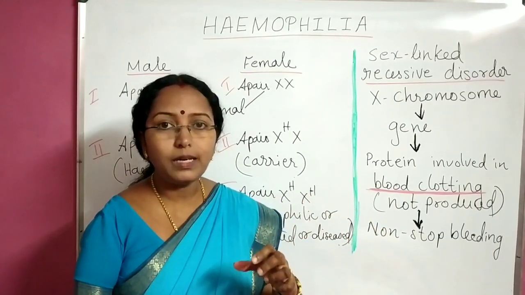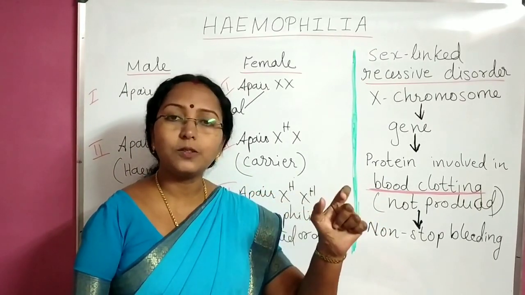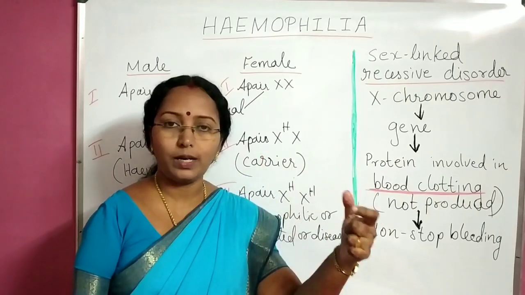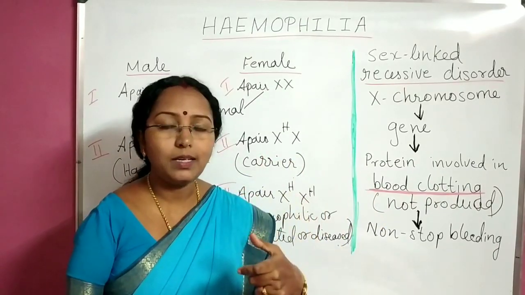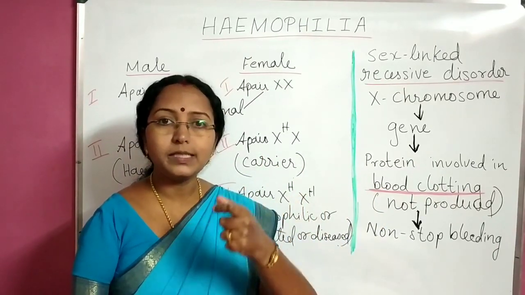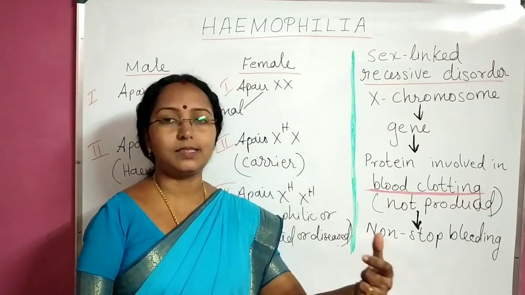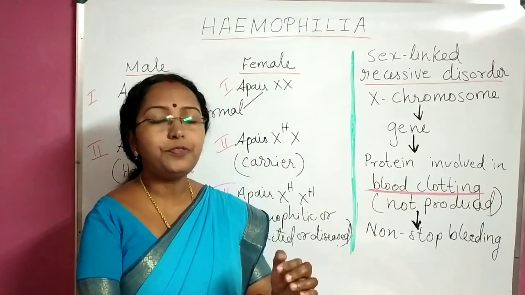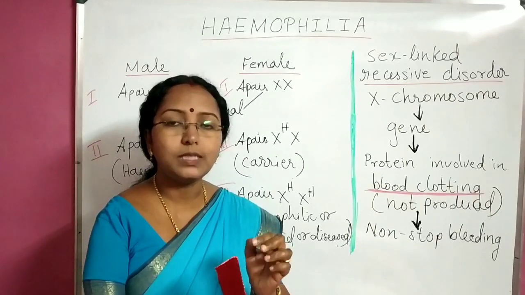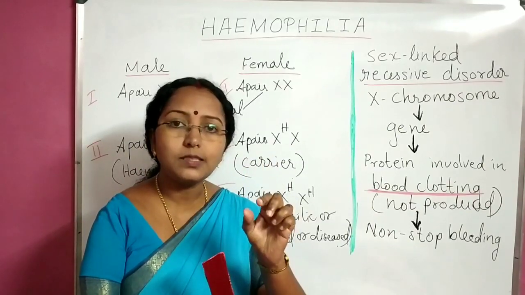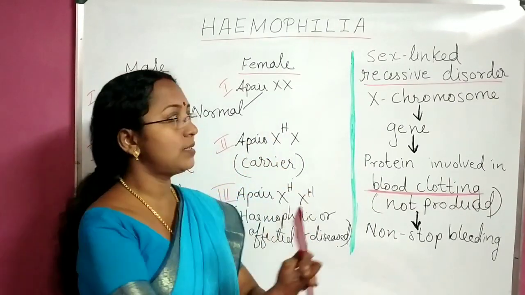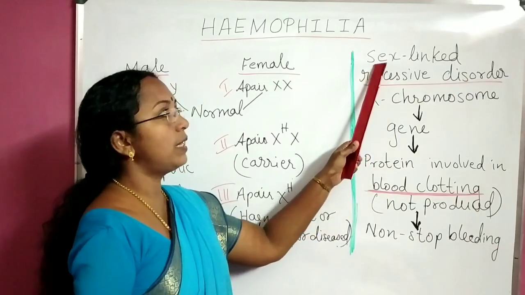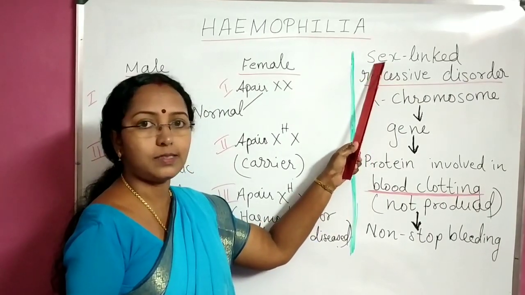If it is male, that pair is X and Y. If it is female, that pair is X and another X. So, haemophilia is related to a gene which is present on the X chromosome. So, it is called a sex-linked disease.